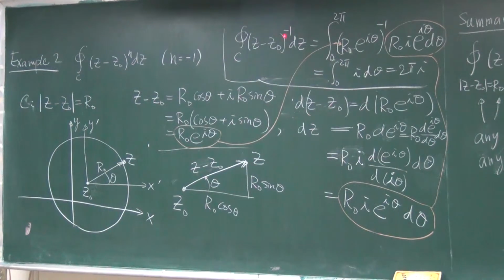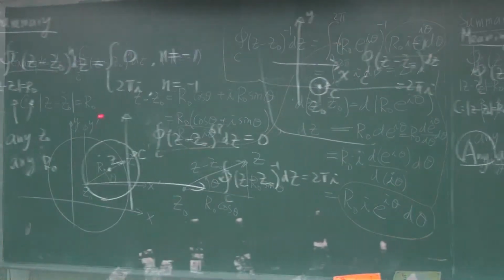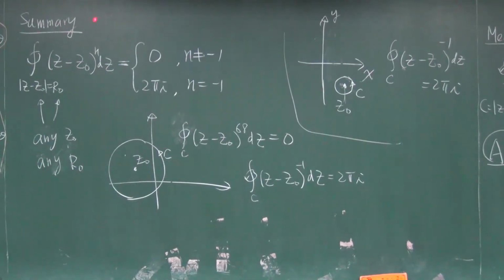The power of this term is minus 1. Okay, let us write down the summary of the previous two examples. We try to integrate this term z minus z0 to the power n along a circle. This circle has the center z0 and the radius is r0.